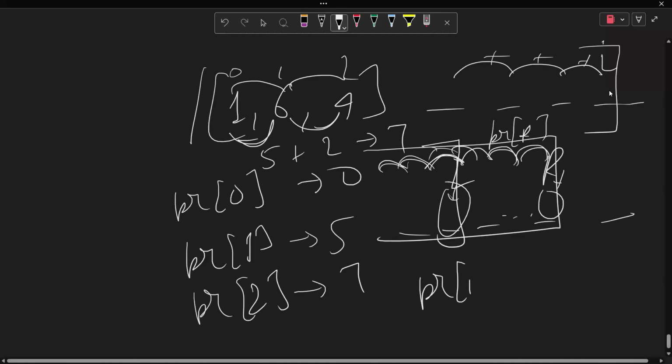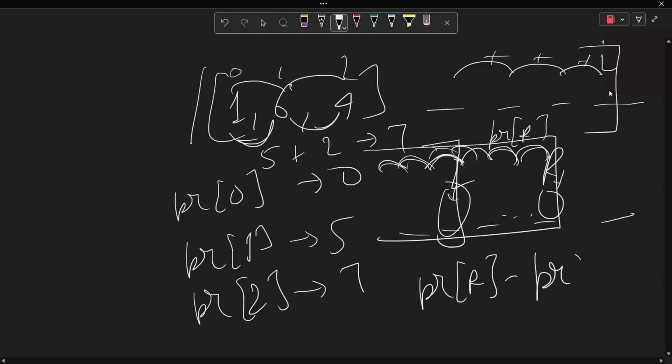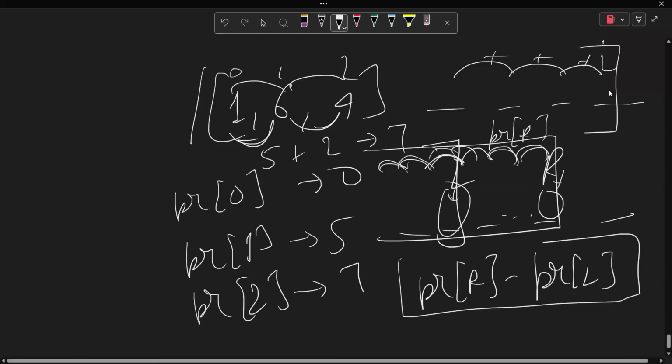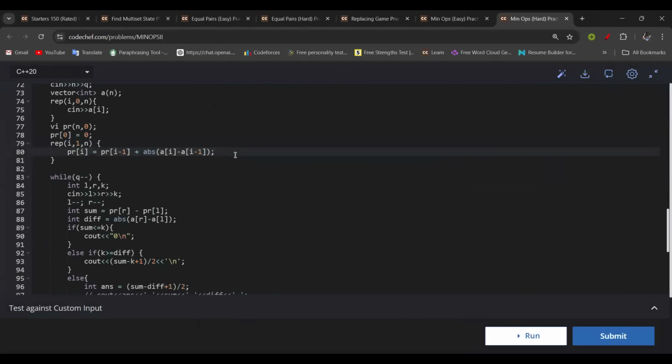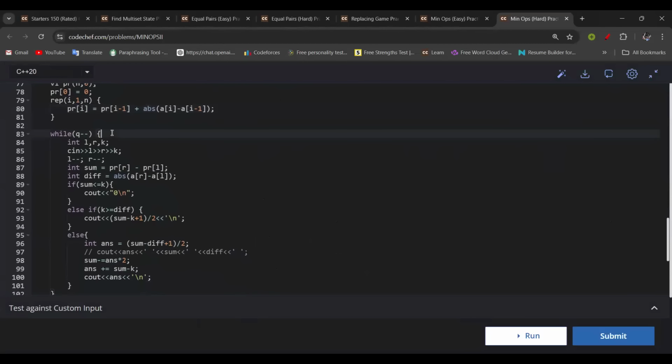So PR of R minus PR of L would give you the sum of differences for the subarray from L to R. Okay. I hope it is clear now how I am computing my prefix array and how I am using it. So now for every query, the query is L, R, K. I took the input. I converted to zero based. In my query, I was given L and R as one based indexing.